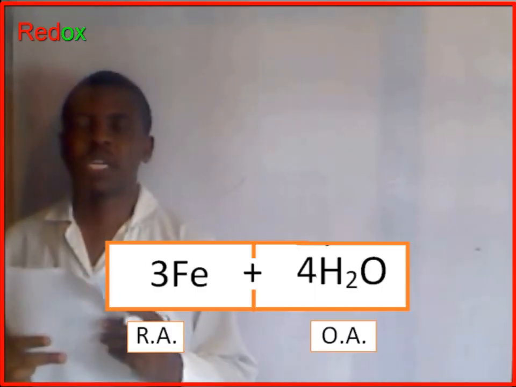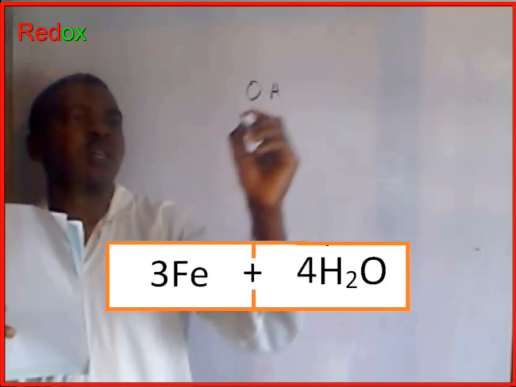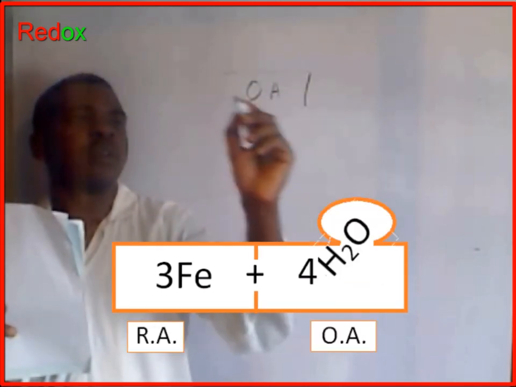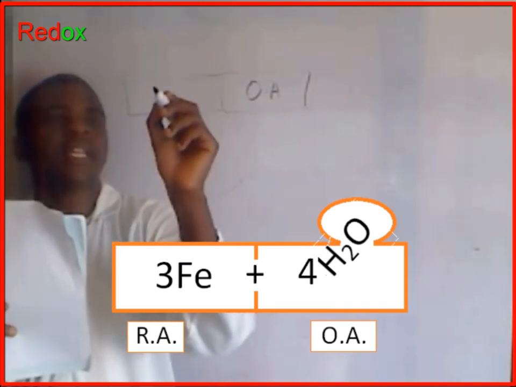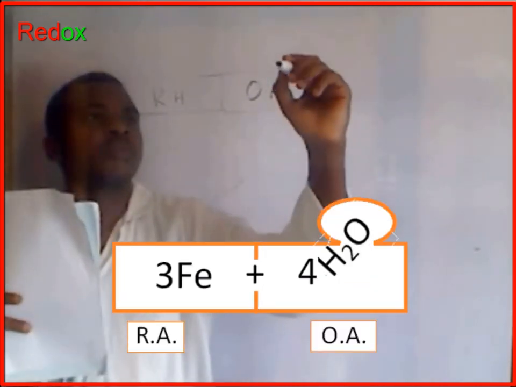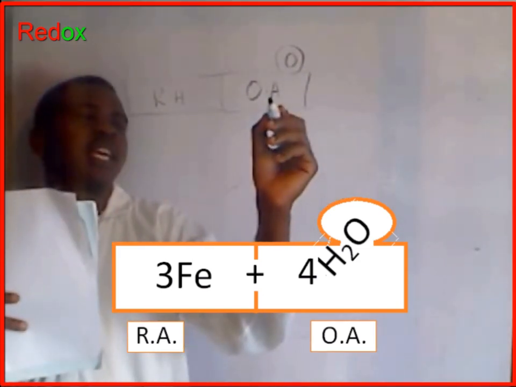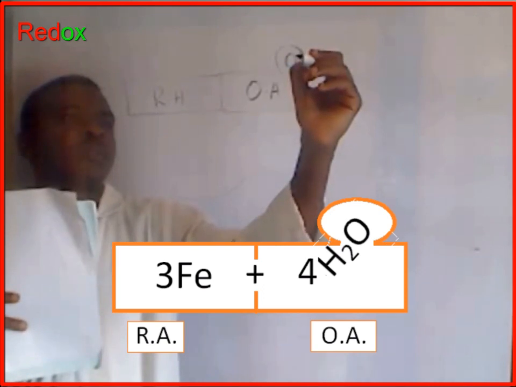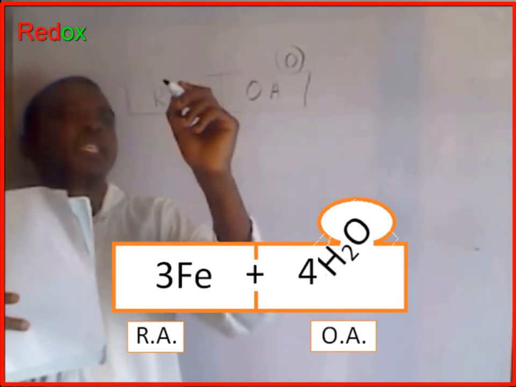Let me now make a brief summary. We have our oxidizing agent, which is the donor of oxygen, and the reducing agent, which is the acceptor of oxygen. So the oxidizing agent donates oxygen during the reaction, while the reducing agent gains oxygen.